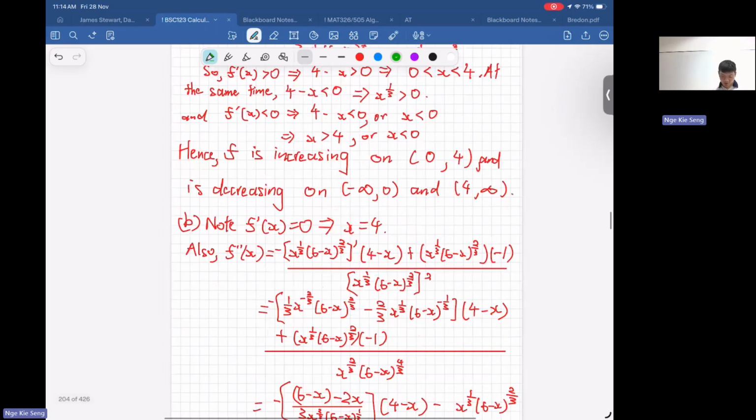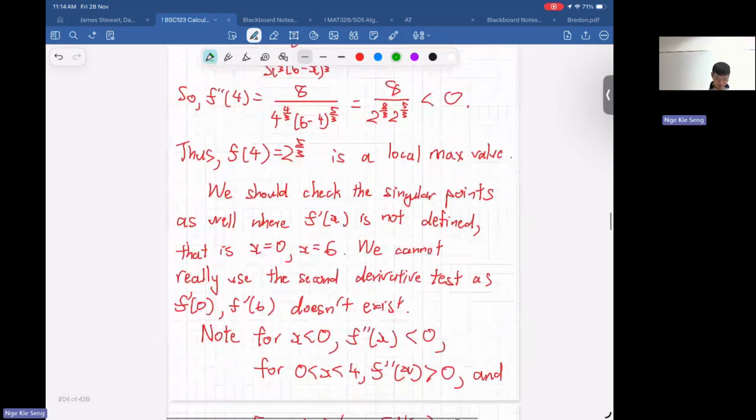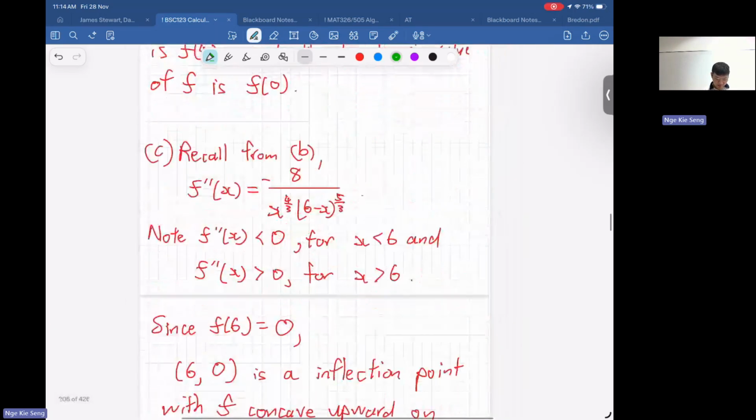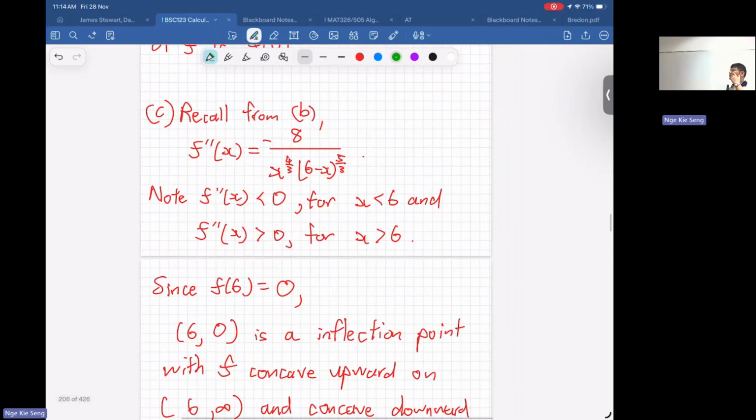Okay. So when to look at this second derivative here. So what's wrong here? Let's see. Where the graph is concave down.